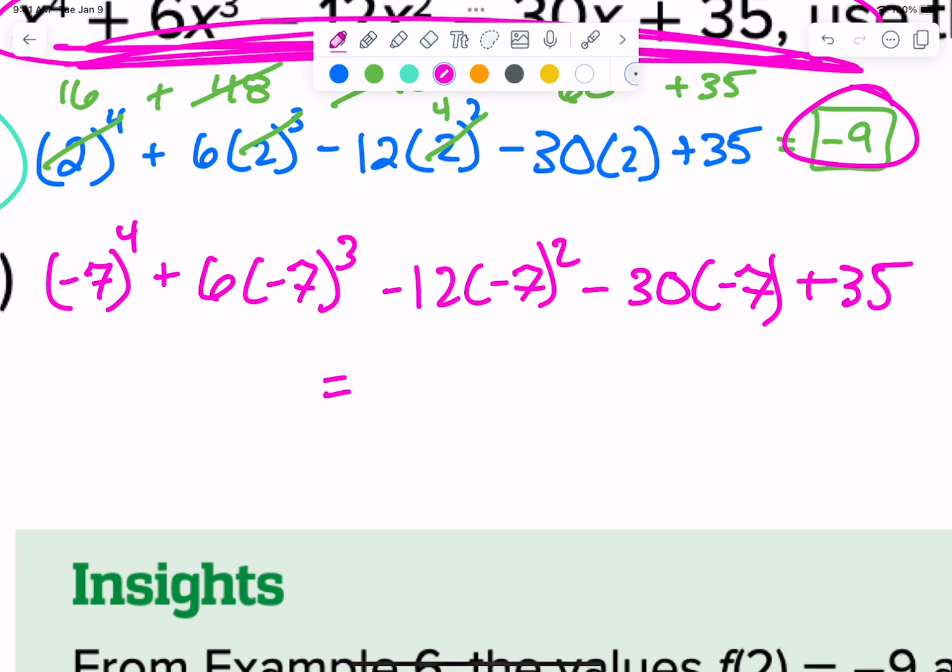What'd you get, Carter? I got -3626. I got 0. Oh, check. I got 0. Did you put it in parentheses?